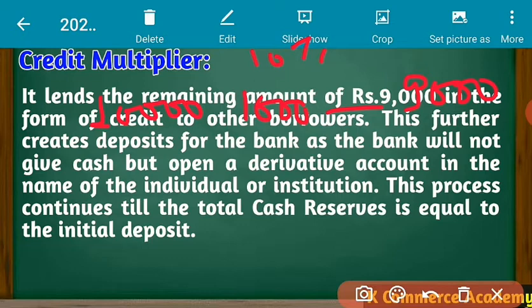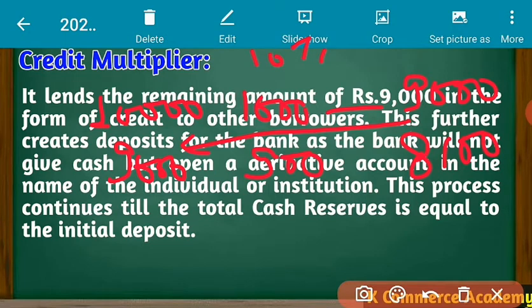Again, this 9,000 will not be given in the form of cash. Instead, it will be transferred to a deposit account, and of this 9,000, again the whole amount will not be withdrawn at the same point of time. So again 10%, that is 900, will be kept in reserve, and the remaining 8,100 can be further given as loan.